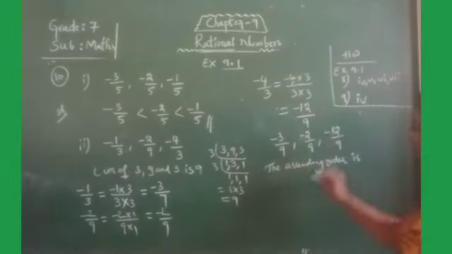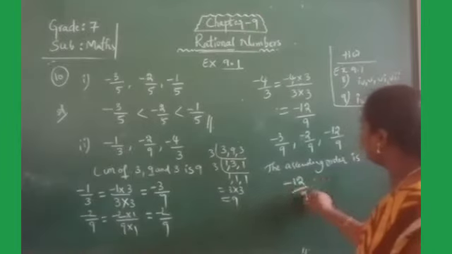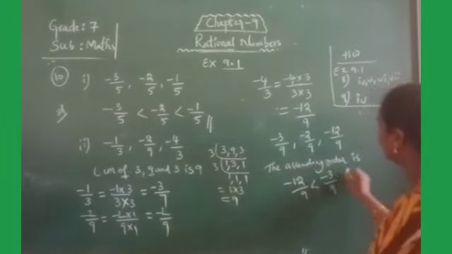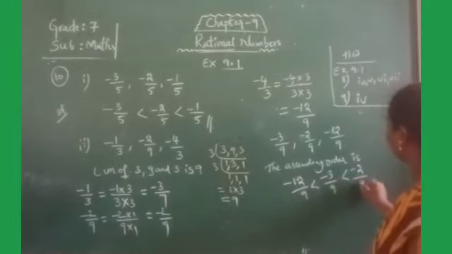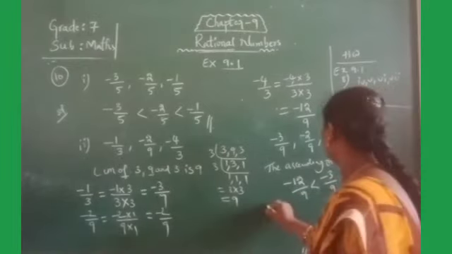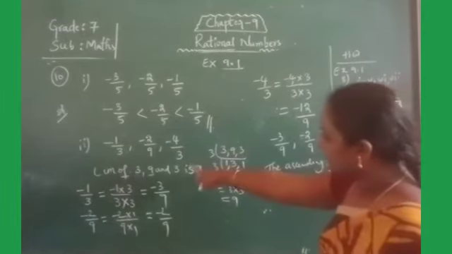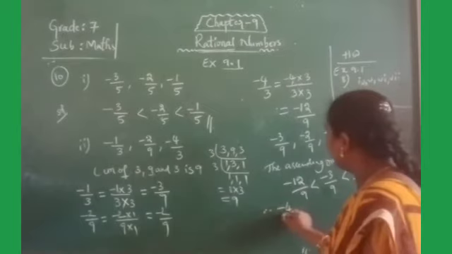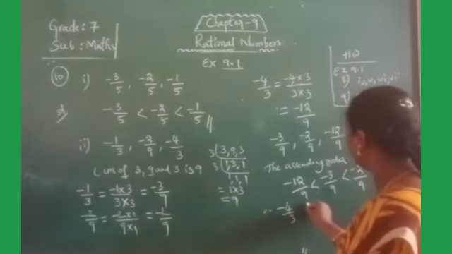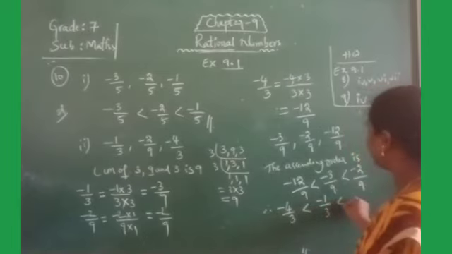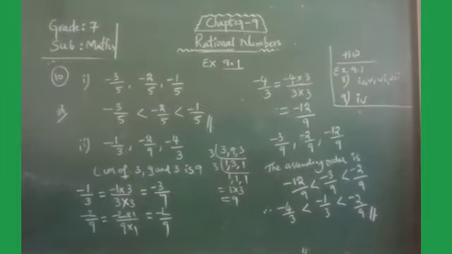Yes, minus 12 by 9 is smaller than minus 3 by 9, which is smaller than minus 2 by 9. So the original minus 4 by 3 is less than minus 1 by 3, which is less than minus 2 by 9. This is the ascending order. Is it clear, children? Right.